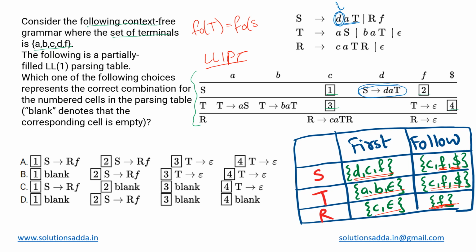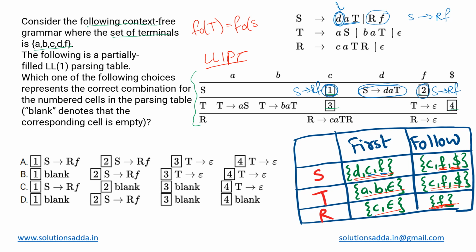And as we know, there are other 2 symbols present in the first of S as well, C and F, but both of them are associated with R. So under them, this particular production S derives RF has to be placed. So for this particular cell S and C, the entry would be S derives RF, and same goes for position 2 as well, S derives RF, that will be placed.